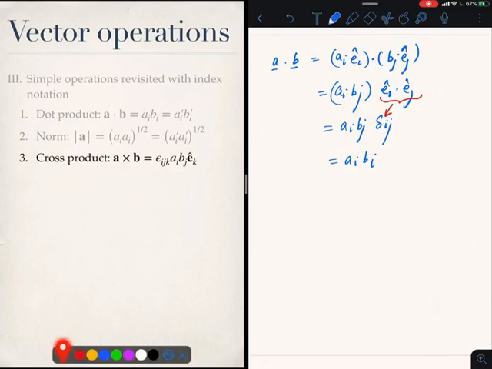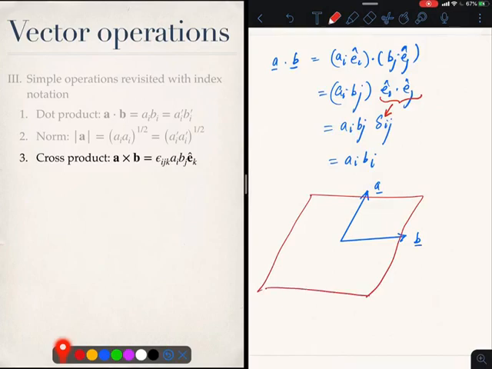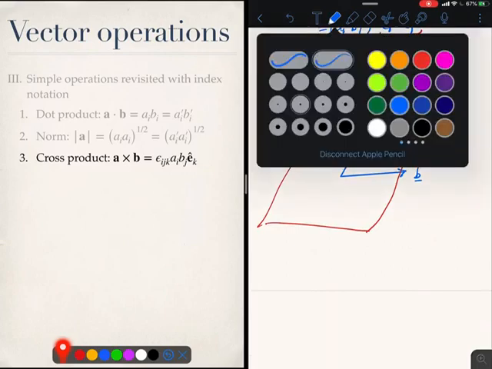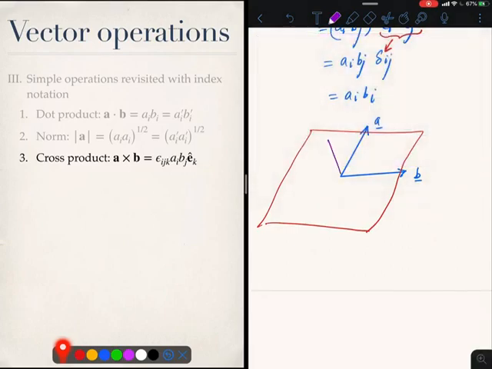A cross B, we have already said that if you have a vector A and you have a vector B, they define this plane and the normal to the plane is given by some vector which we had to compute.